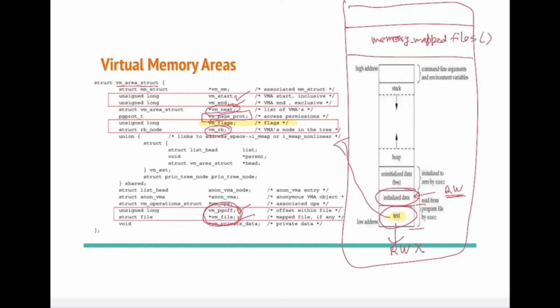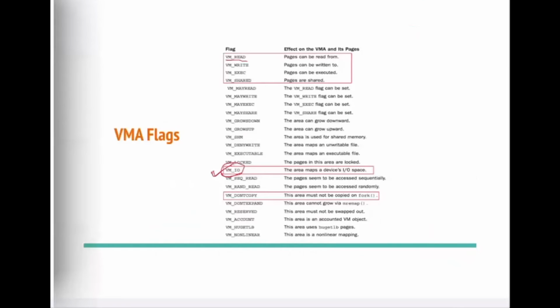If we want to represent this particular section, then we have to specify this flag. Similarly, if we don't want to copy a particular section while making a new process, we can specify this VM underscore don't copy flag, so that it will not copy the address space of the particular process when creating a child process or other process.